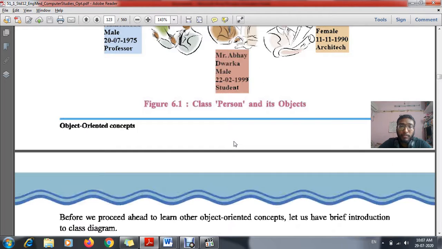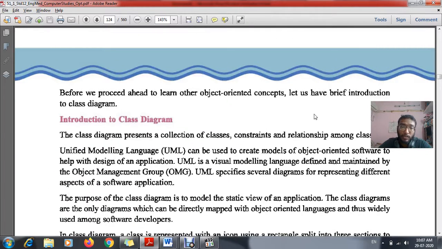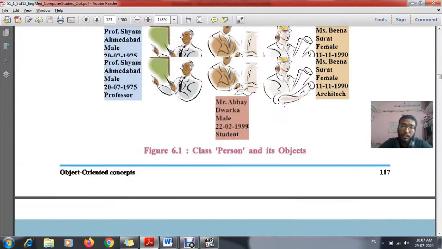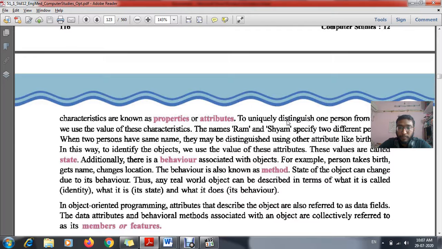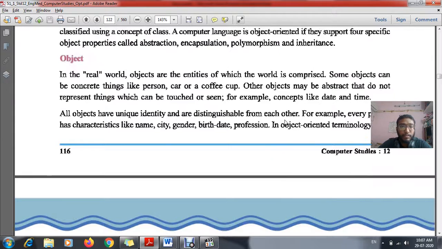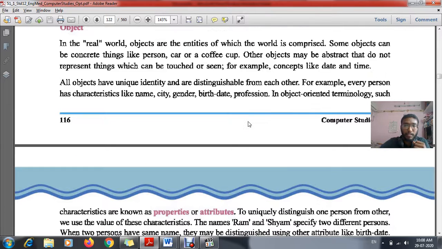That means a special quality is known as your attributes. Underline it.